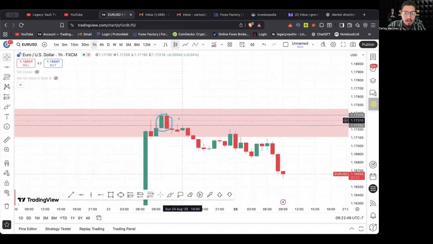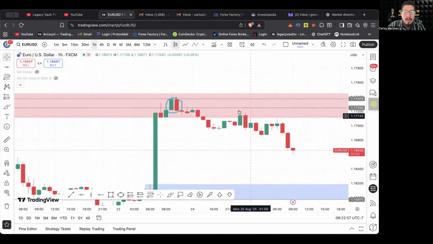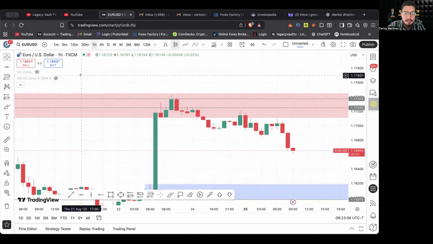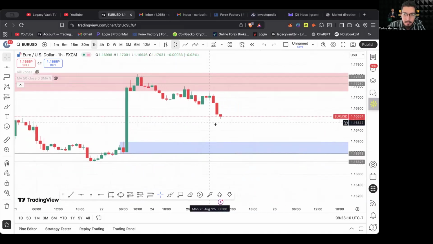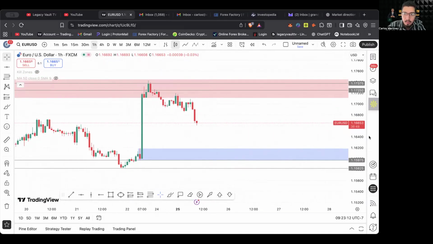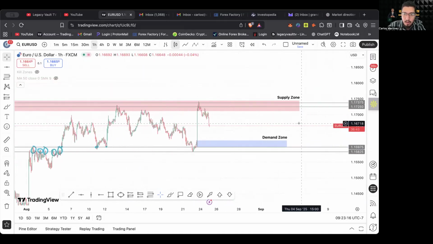It was a reversal move to the downside. So we'll talk more about that on step 5. As of right now, we're just drawing our demand and supply zones and also our resistance and support levels.